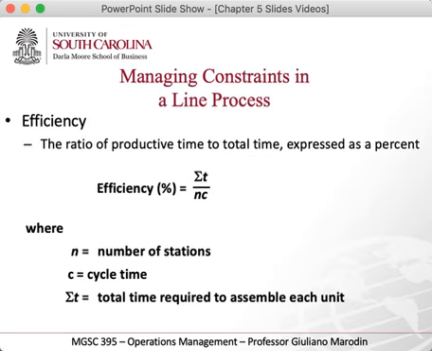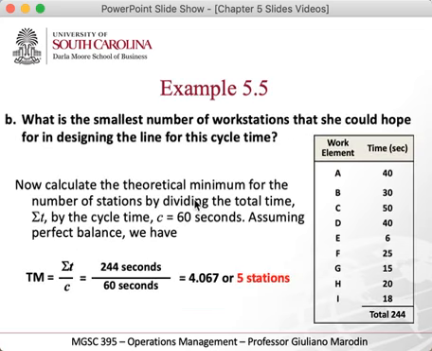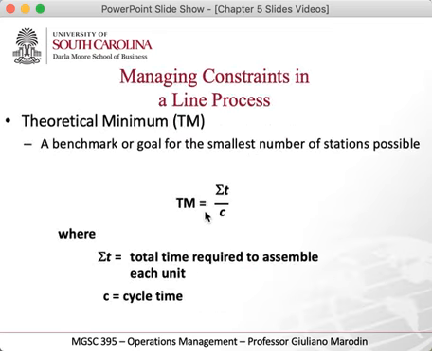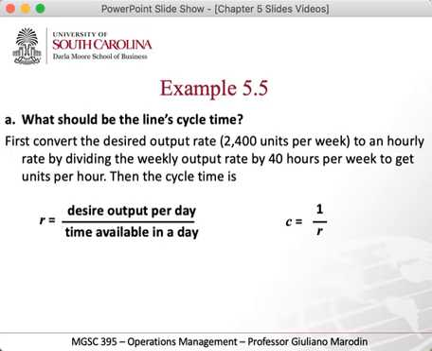I can calculate efficiency as well, by taking the sum of the work elements, so that's the 244 again, divided by the number of workstations, which we just calculated, that's 5, times C, the cycle time, which we also just calculated as 60 seconds.